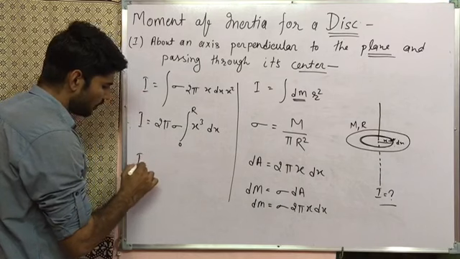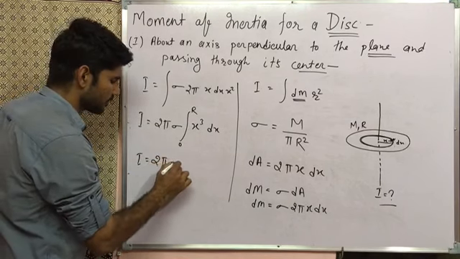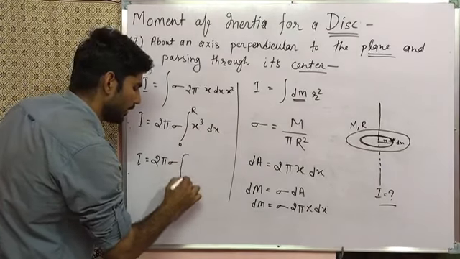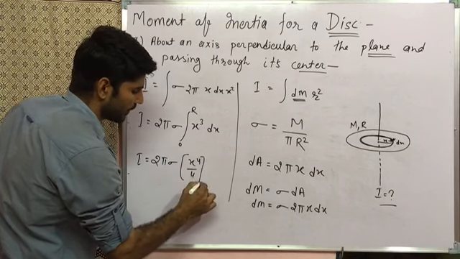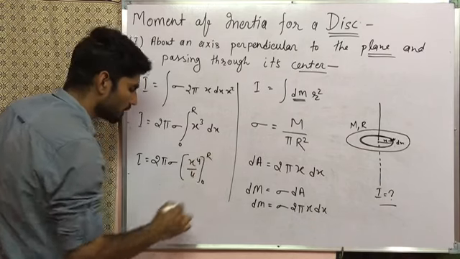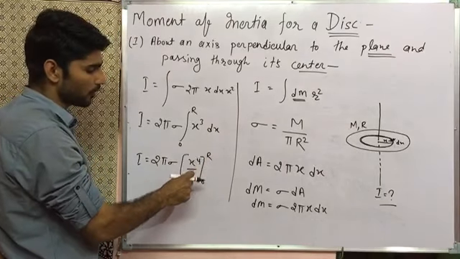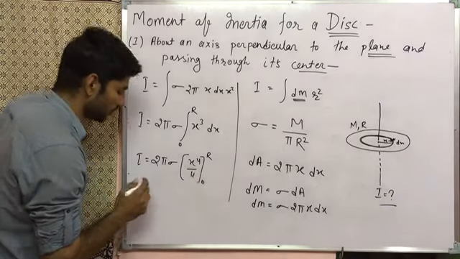Now we integrate this: 2 pi sigma, integration of x cube is x power 4 upon 4, with the limit capital R. When we solve, we put the upper limit, that will be R power 4 upon 4, minus the lower limit, that will be 0.